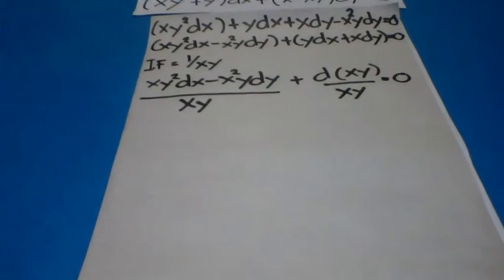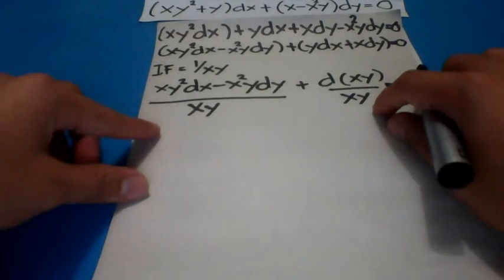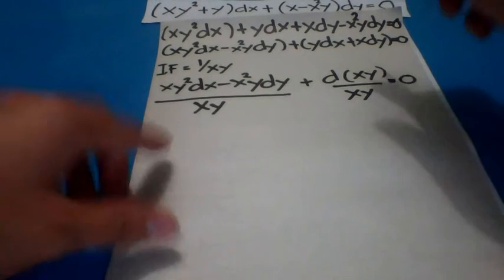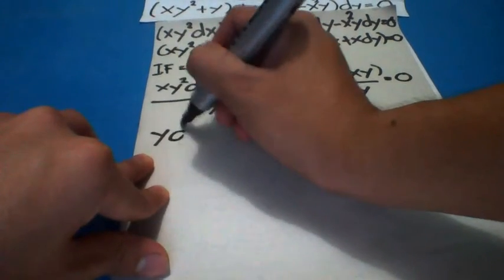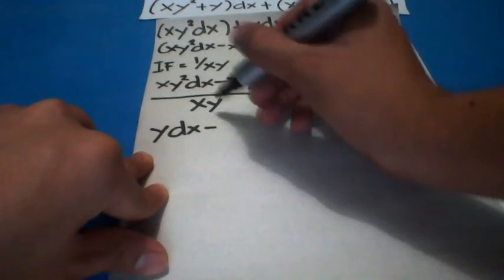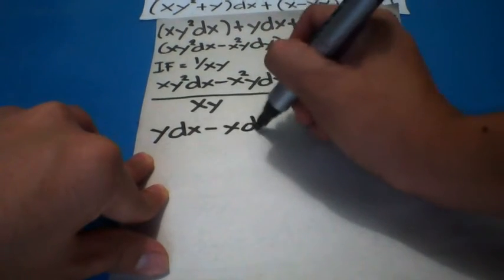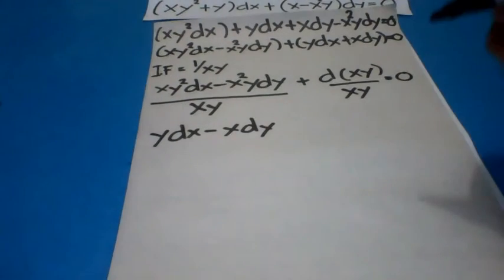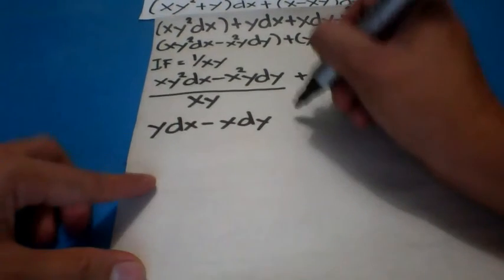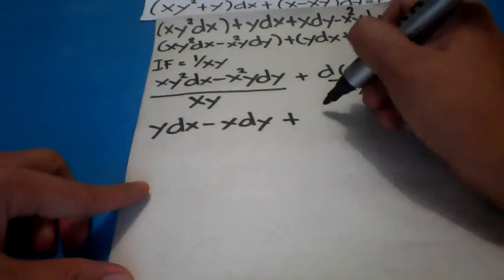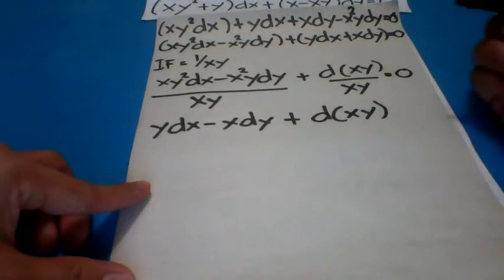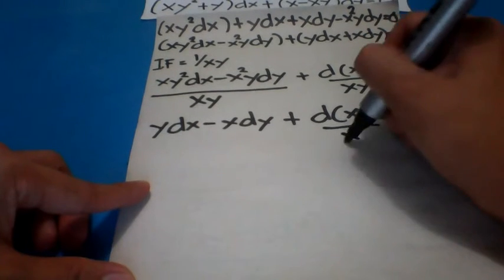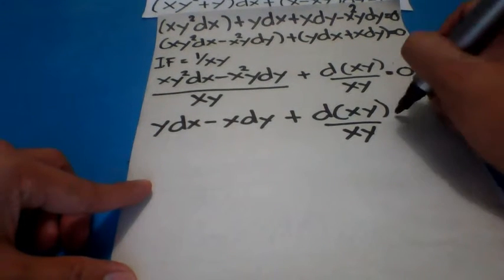So after multiplying both sides, as a result, here y dx minus x dy plus d(xy) over xy equal to 0.